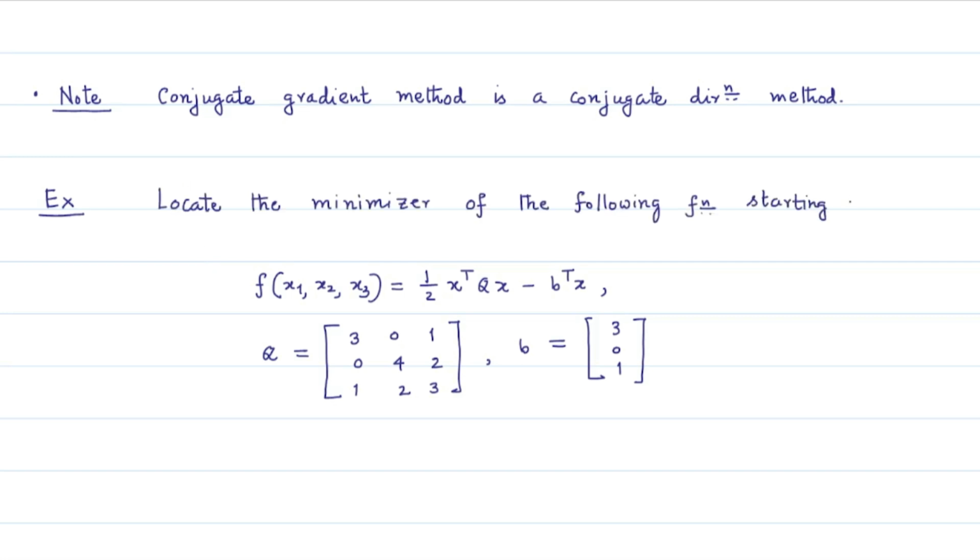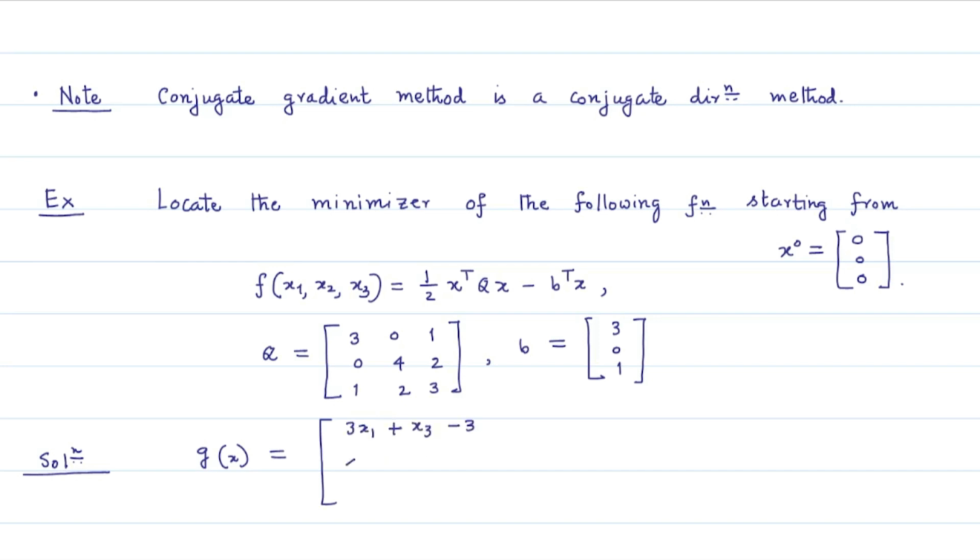with the initial point x naught equal to the vector, the origin of the three-dimensional Euclidean space R3. In computing the iterative points of the conjugate gradient method, we notice that we need to compute the gradient across the iterations, and thus at the beginning we compute the gradient at any general point x.